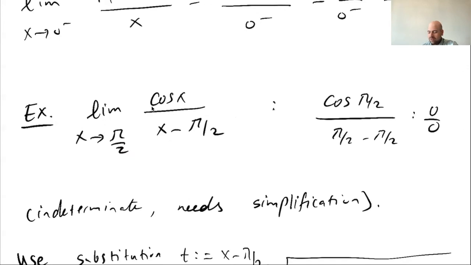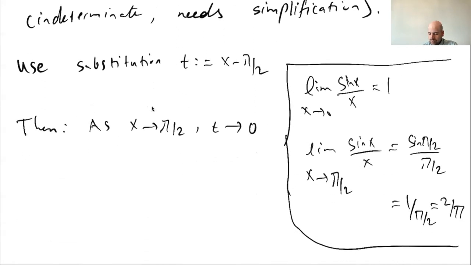What about this part? T is x minus pi half. So how much is x in terms of t? T is x minus pi half, so x is t plus pi half.